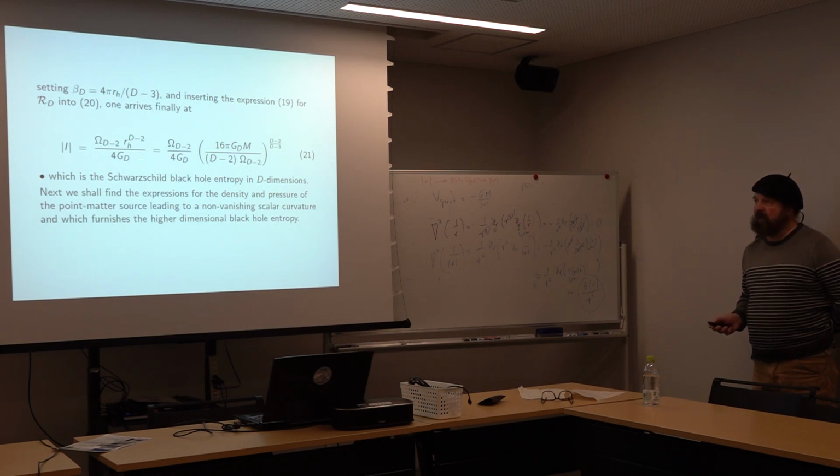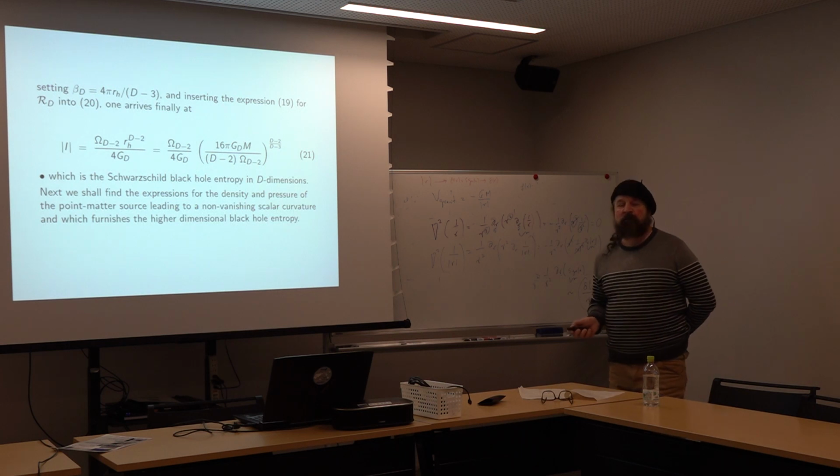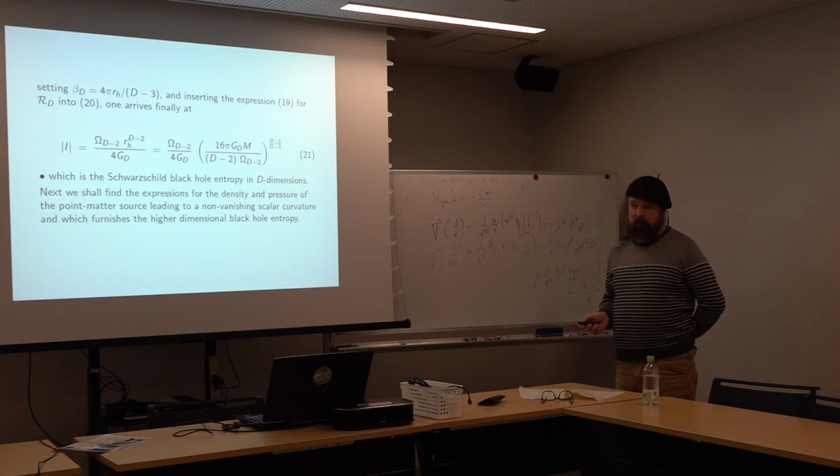This is the total area of a hyperspherical horizon divided by 4, and then I have to divide by the gravitational constant in d dimensions. So this is the answer you get. It's really interesting that you get precisely, again, the 1/4. The entropy always has this 1/4 value of a horizon area in the right units.